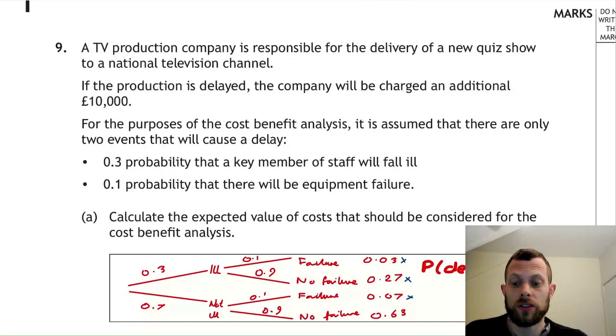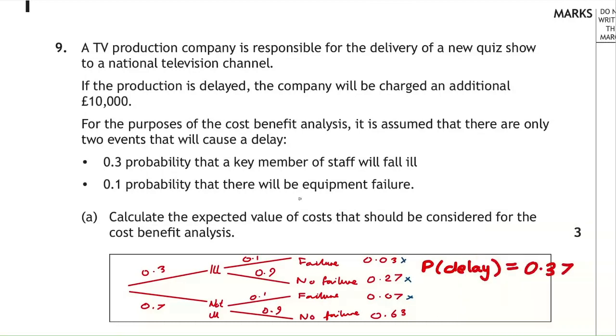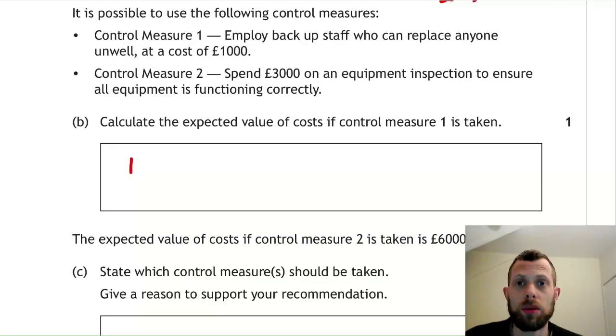Now to finish this, we need to do 0.37 multiplied by the £10,000. So the expected value is £3,700.